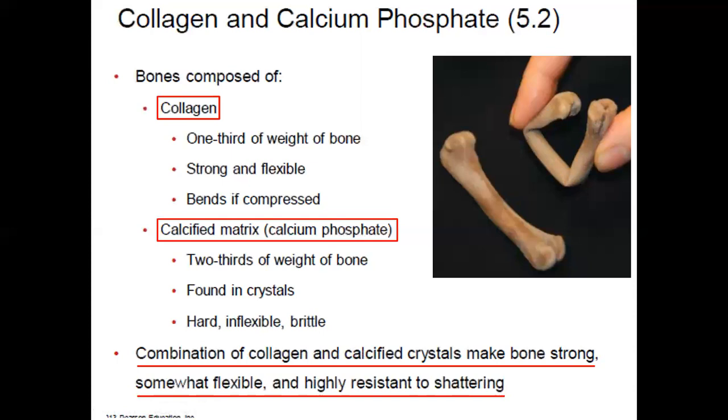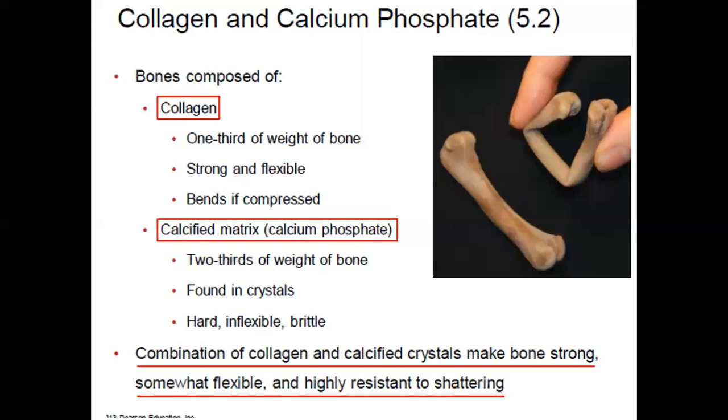And then calcium, stored as calcium phosphate, which is why phosphate is so important, because the only way that calcium can be stored in bone is attached to a phosphate molecule. The rest of bone is basically made up of this calcified matrix, and it forms crystals that make bone hard, inflexible, but brittle at the same time.